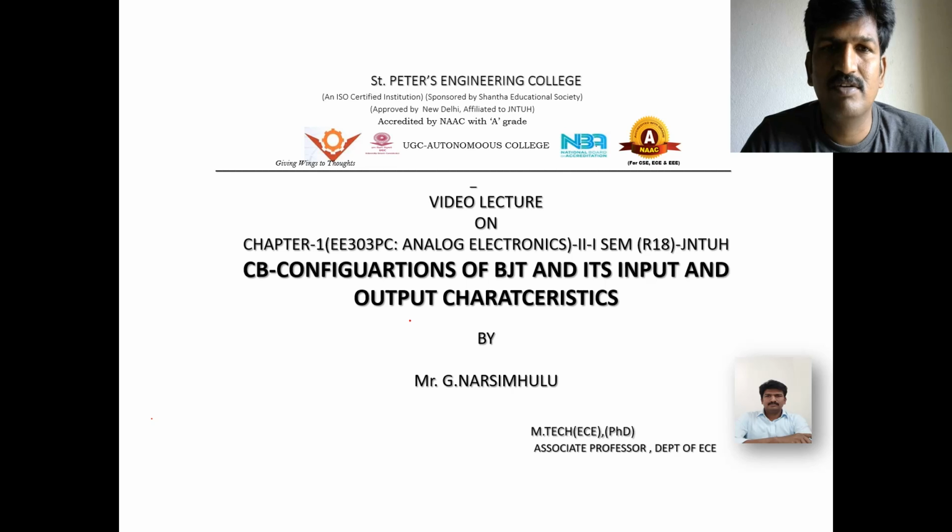In the last class, we discussed the different transistors like NPN and PNP, the different configurations, and how to use the notations to determine the terminals of the transistor. Today we will discuss one among the three configurations, that is CB. CB is nothing but common base configuration and its input and output characteristics.